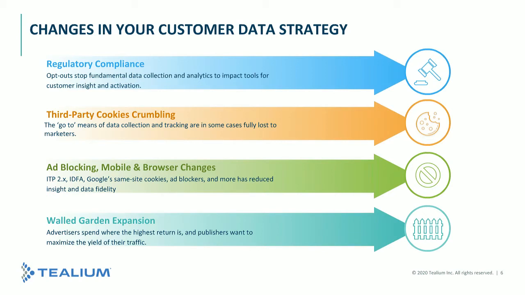So those walled gardens will become more powerful, and with that power is going to come expenses and costs, right? The brands that are able to best own their own customer data are the ones who are going to have a competitive advantage targeting their customers and measuring the results ultimately.